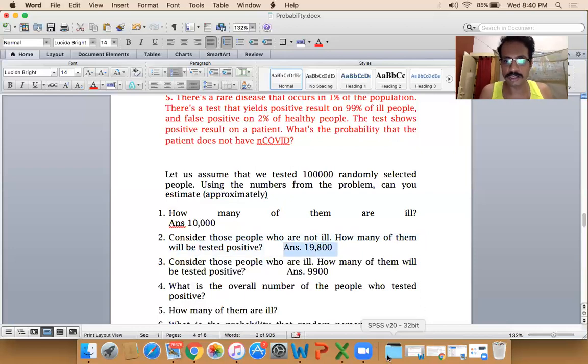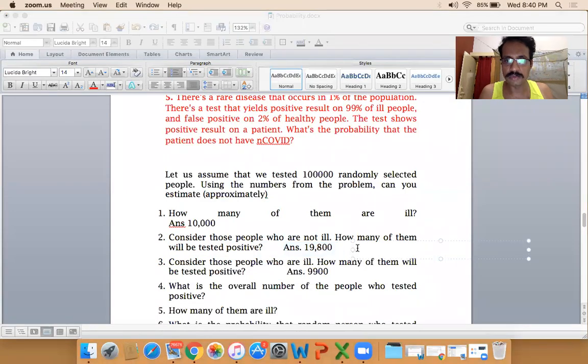So when we do 99 multiplied by 2, it becomes 198. That's how you get 1,980 people who are actually healthy, but you will test them positive in a 1 lakh people sampling. So this indicates a huge number in 1 lakh people if you have that kind of a test, right?